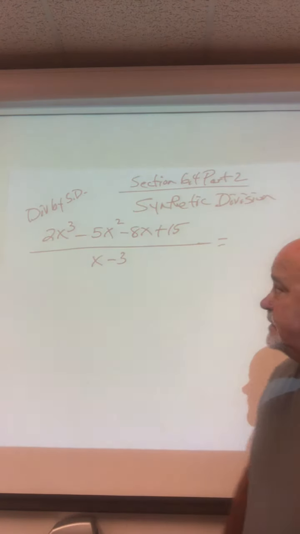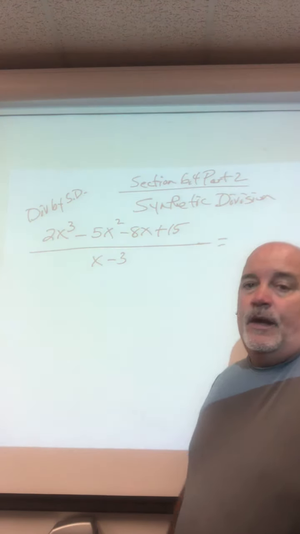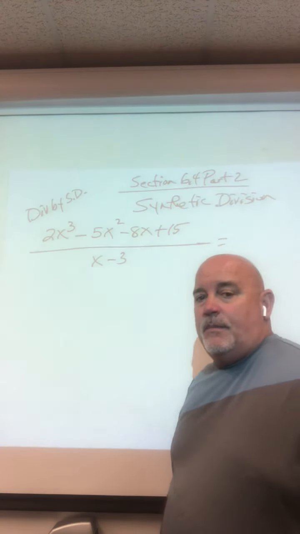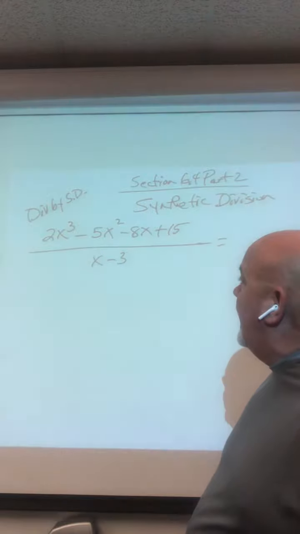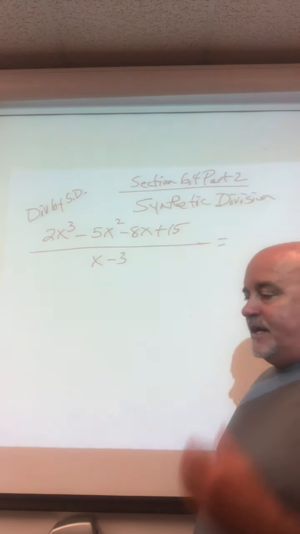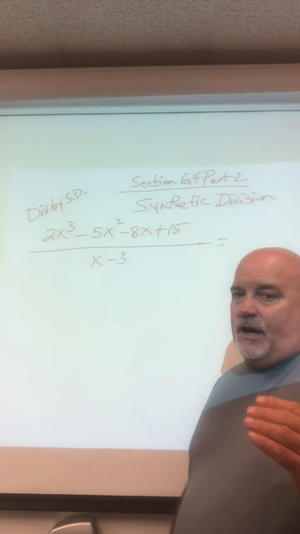Okay, so this takes us to section 6.4, video, part 2. And so what we're going to be talking about here is how do we divide by using synthetic division. Now let me say a couple of things that I said in the last video.